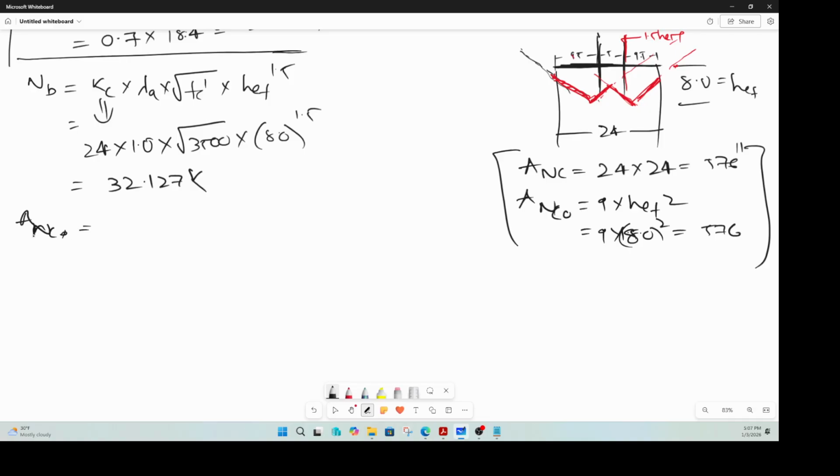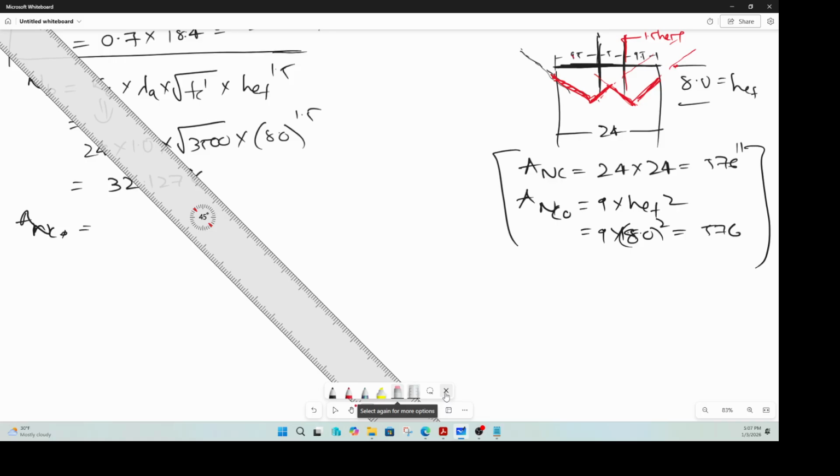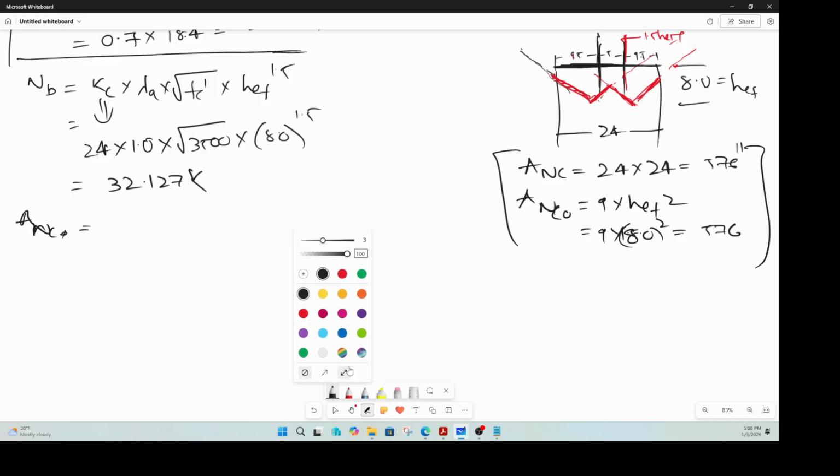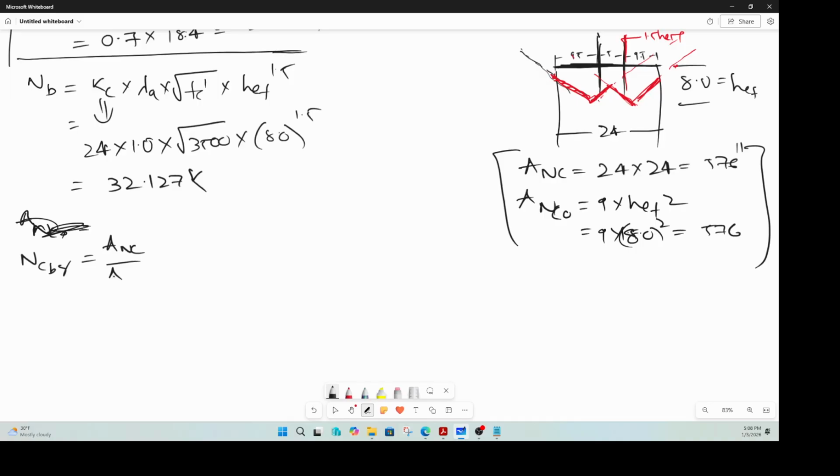that's about this one. Now, after we calculate our Nb, so let's say we calculate Ncbg, what is Ncbg? Anc over Anco, psi ed,N, psi c,N, psi cp,N, right? A bunch of modification factors, right?